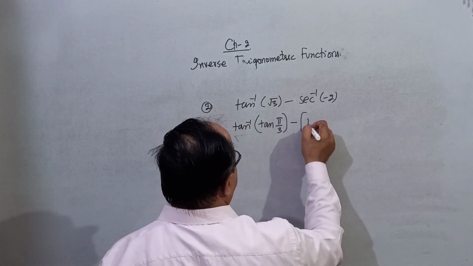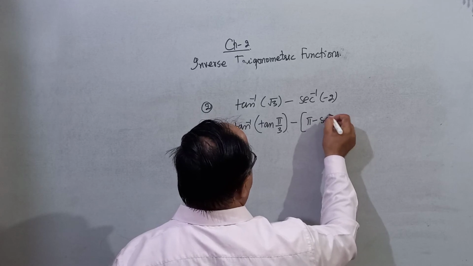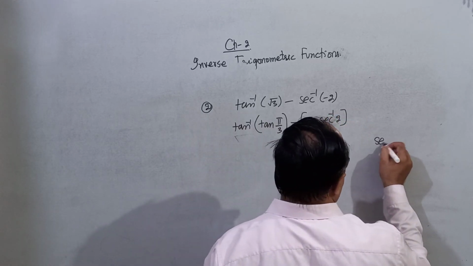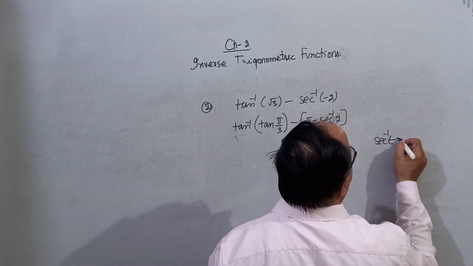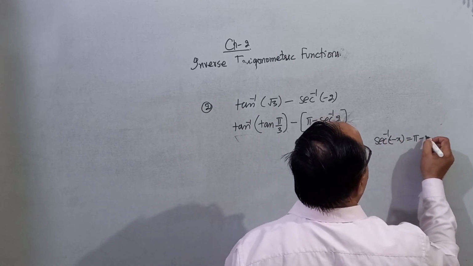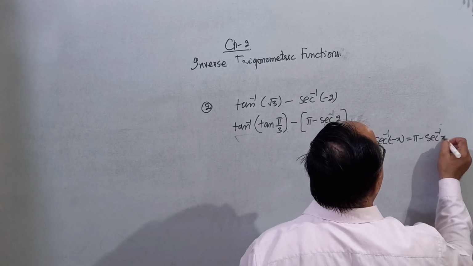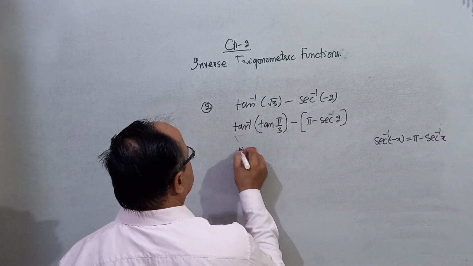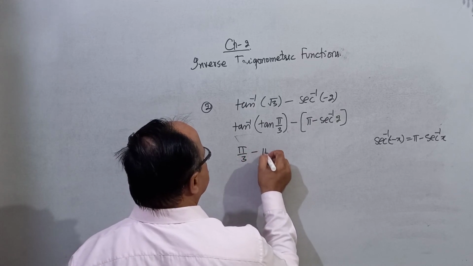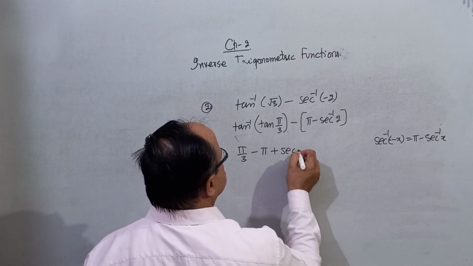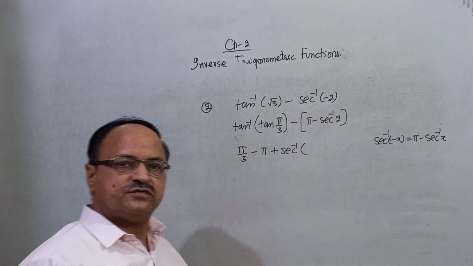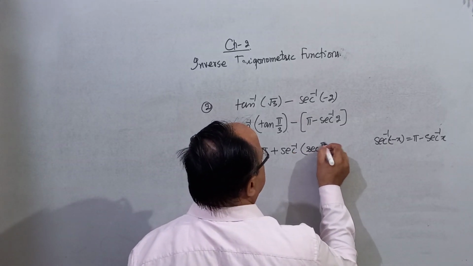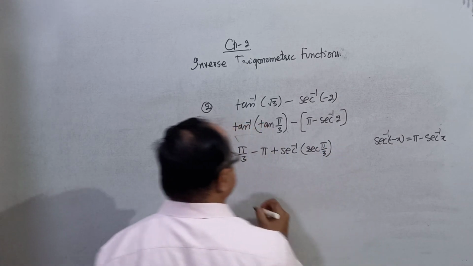And here apply the formula: sec inverse of minus x is pi minus sec inverse x. So when you simplify it becomes pi by 3 minus open bracket pi minus sec inverse 2. In place of 2 you can write sec 60, which means pi by 3.